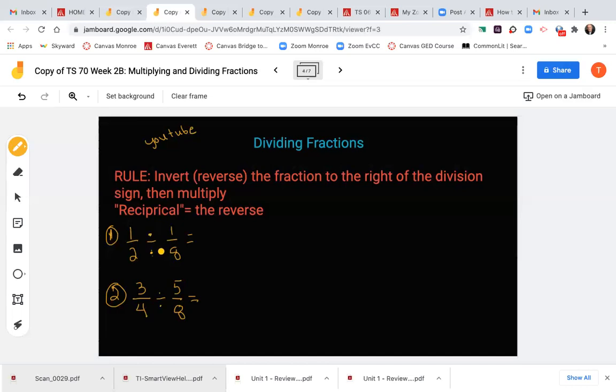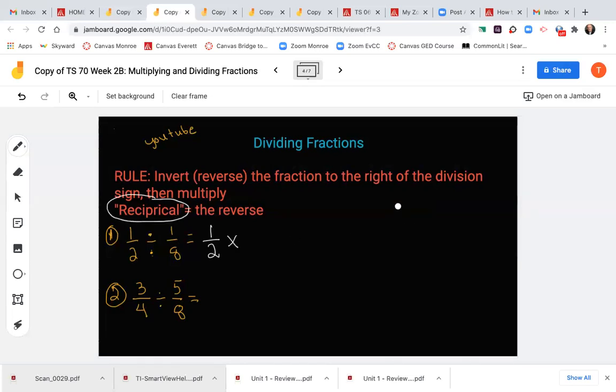Now, that's not too hard because multiplying in general is easier than adding and subtracting fractions. So in my example here on the screen, I've got 1/2 divided by 1/8. I'm going to rewrite the problem as 1/2 times the reciprocal. The reciprocal of 1/8 is the reverse of it.